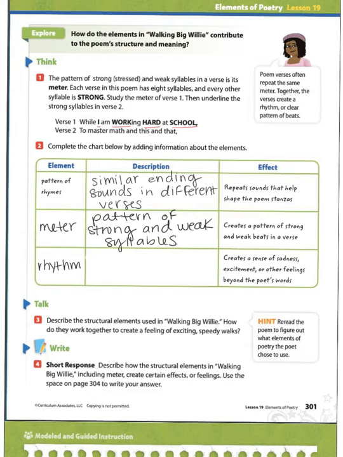Rhythm is the pattern of repeated beats that makes a poem sound like music.